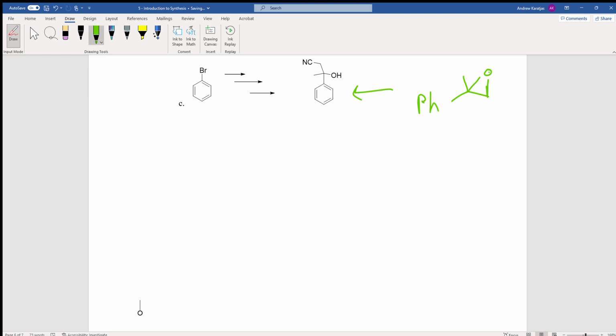Just so we can see that we've done this correctly, this methyl group is here, and then these two carbons are the two carbons of the epoxide. So in this case, we want our nucleophile to add at the less substituted carbon. That means we use basic conditions. So KCN should work to open that epoxide the way we want it to.